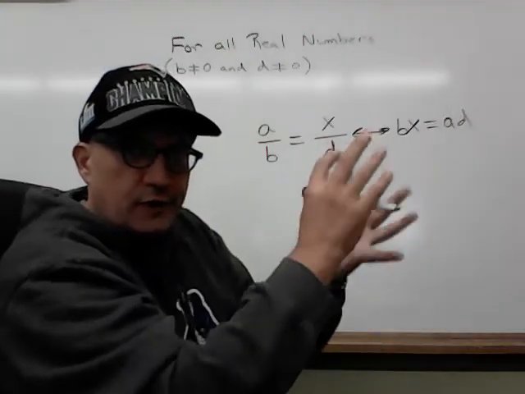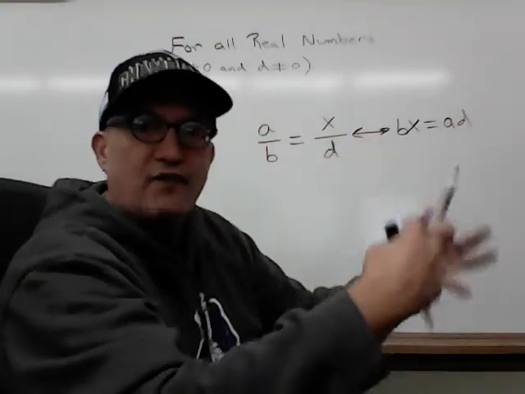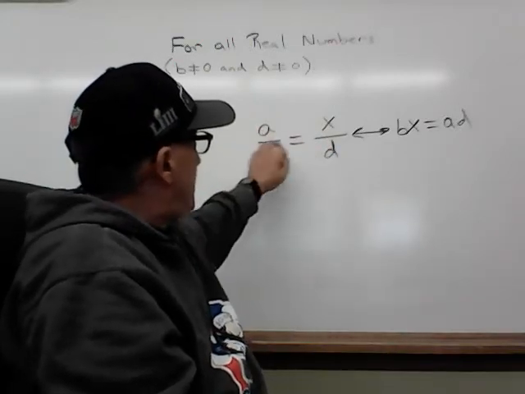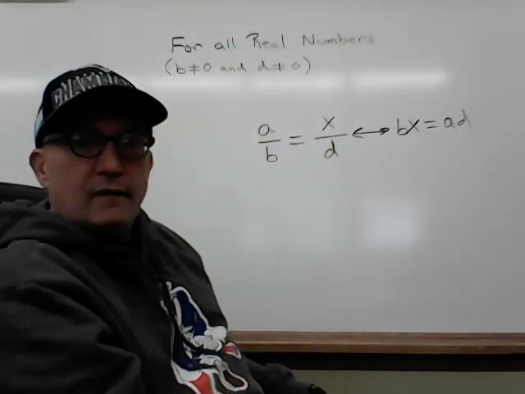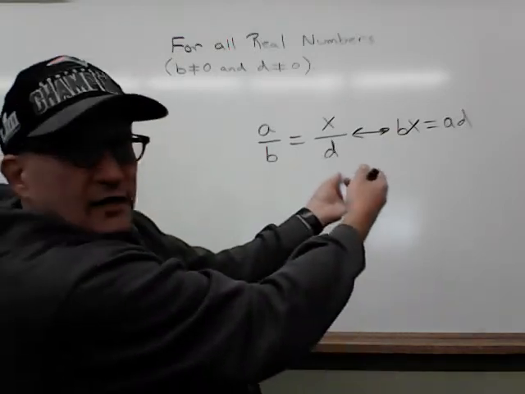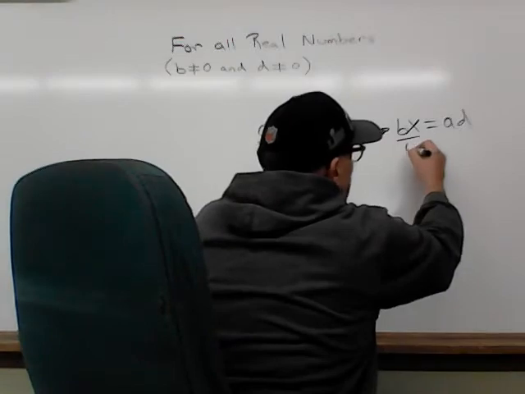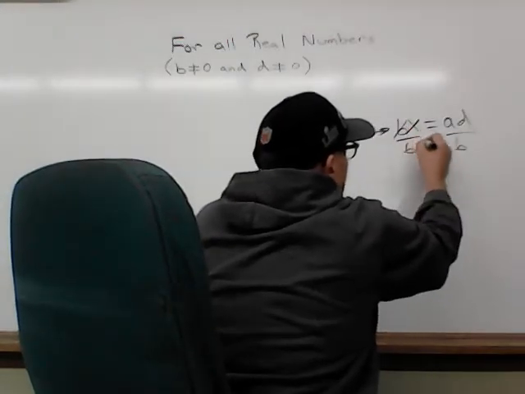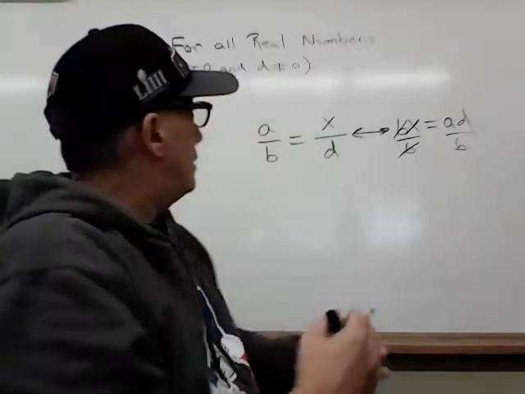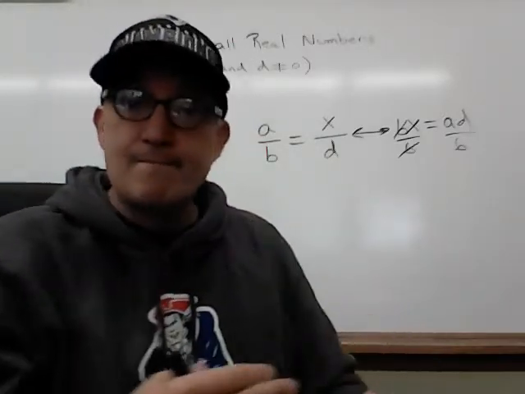When we were just looking at things in general, we weren't trying to find out what one of them was. That was a c. So we had a times d being equal to b times c. Now we've replaced the c with an x. It's the unknown. So what is x? How do we solve for x over here? Well, we divide each side by b, and we get x is equal to AD over b.